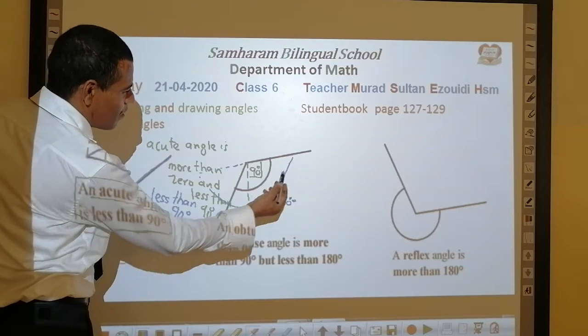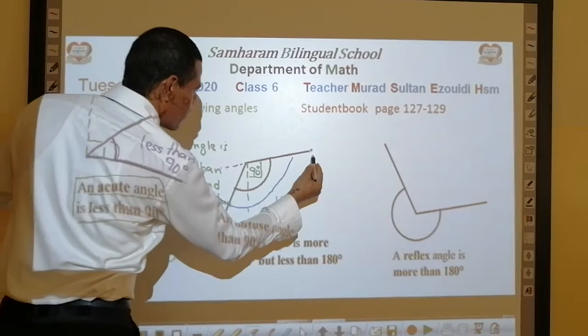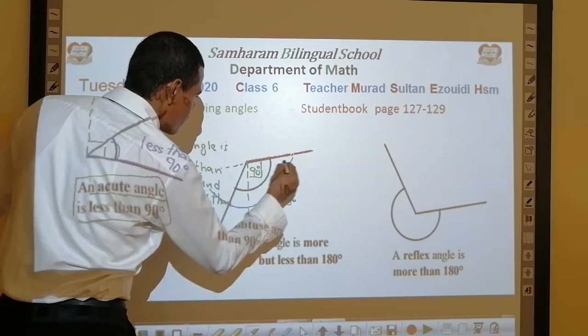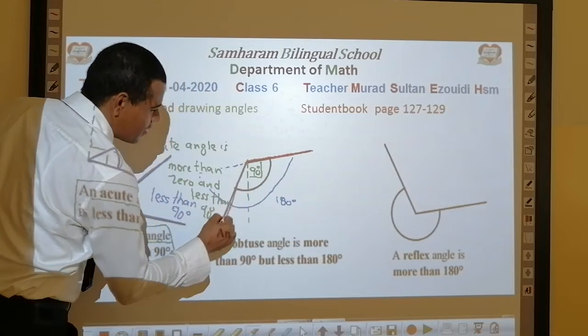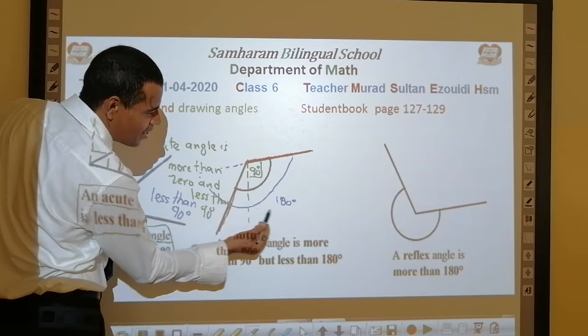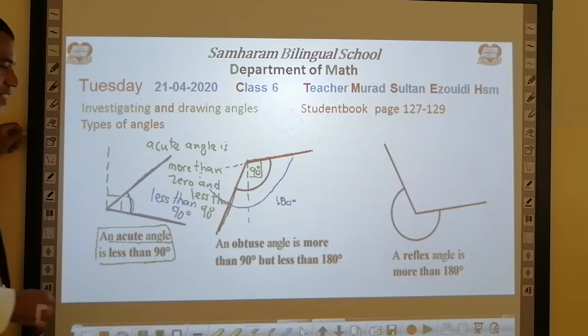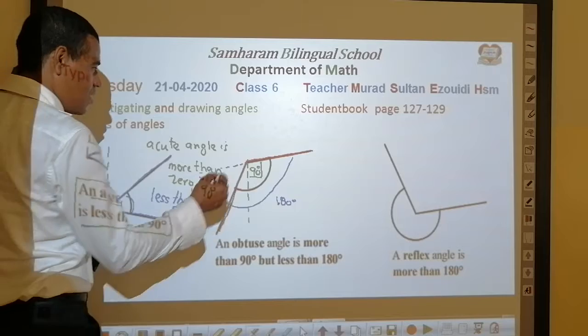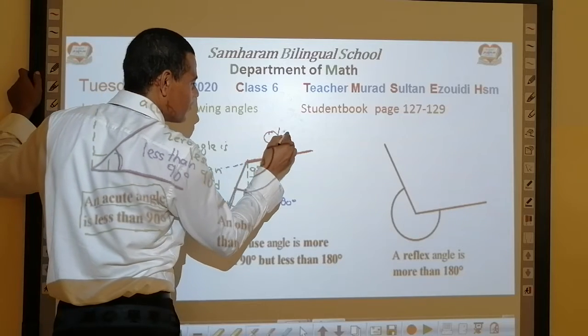And the angle now is what? The red one, this one. This is your obtuse angle. It is more than 90 degrees and less than 180 degrees. Good. So we can say this is an obtuse angle.